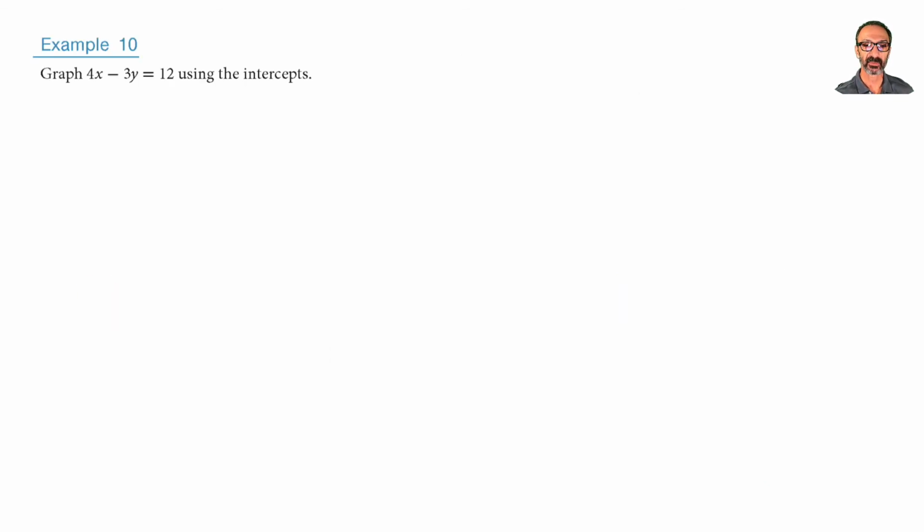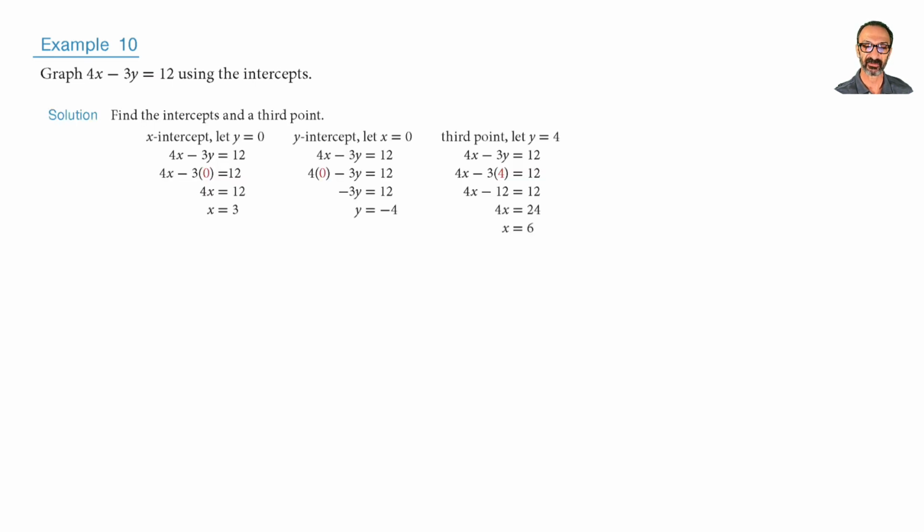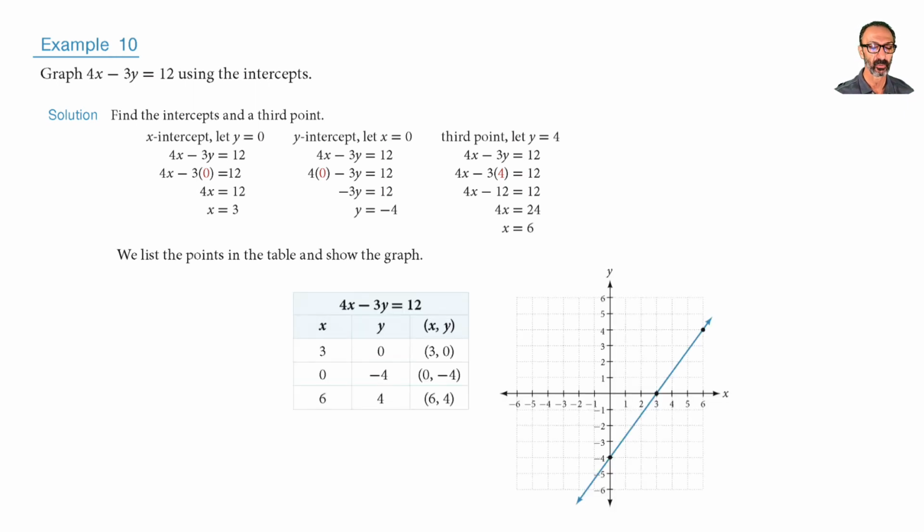Graph 4x minus 3y equals 12. Same concept: you find the x value, you find the y value, and you finish it. I have the work done here, but while we are on this slide, let me quickly support it without reading all these details. Take a look. 4x minus 3y equals 12.